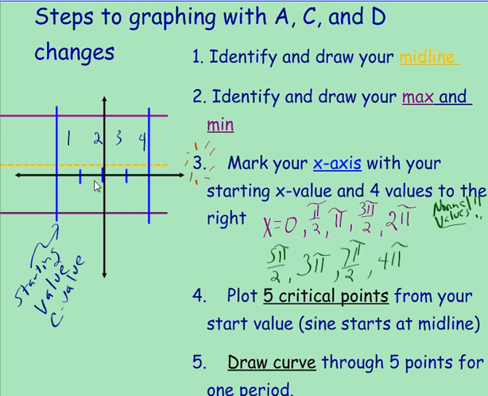So if this were maybe negative pi, then we would have negative pi over 2, 0, pi over 2, and pi as our 5 critical points. The last 2 steps are the same as they were before. You plot your 5 critical points from your starting value. That would be different. And then draw your curve.